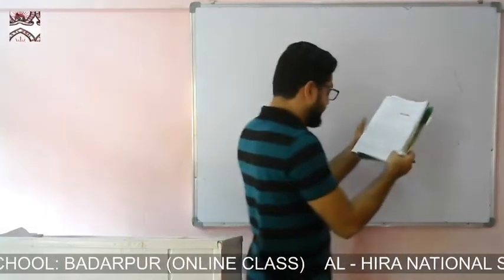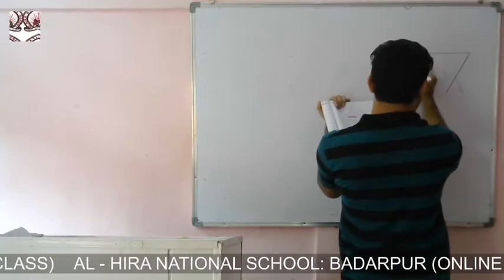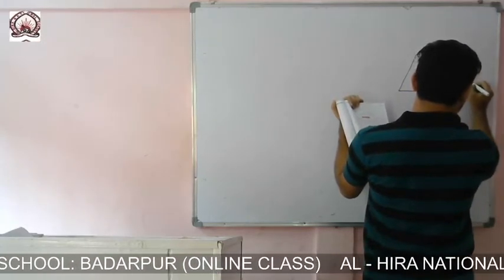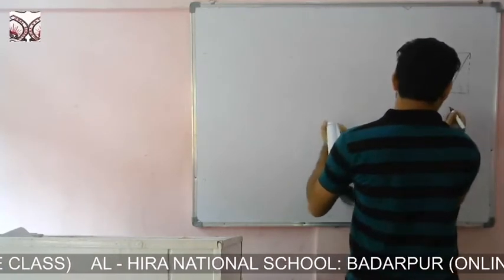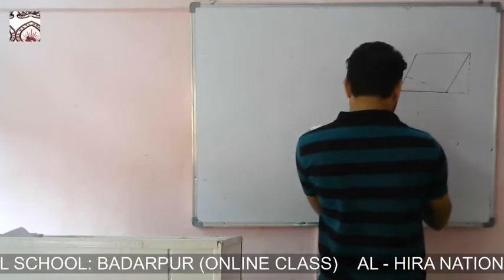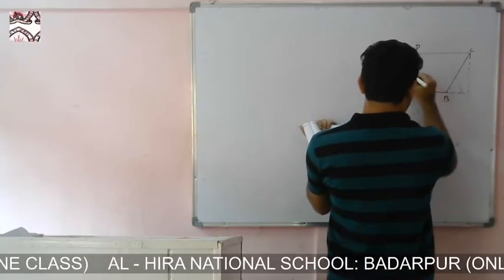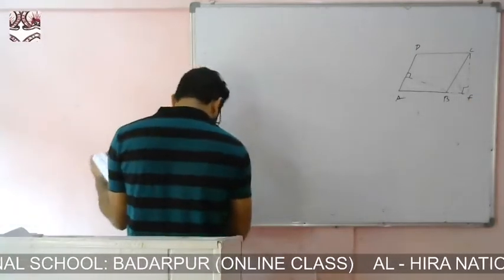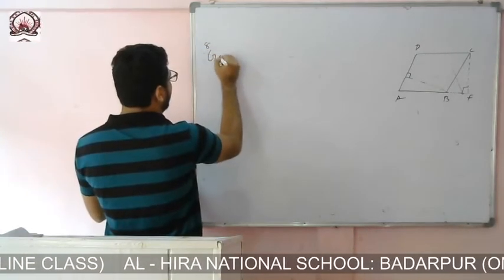So see the diagram. ABCD. It is making 90 degrees, this is also making 90 degrees. So first you write what is given.